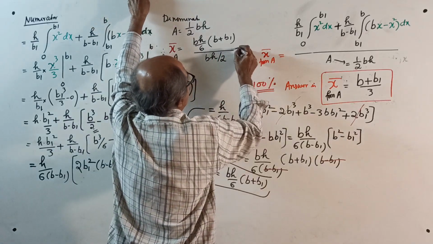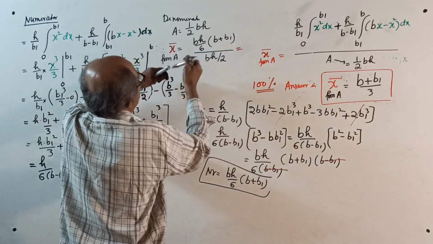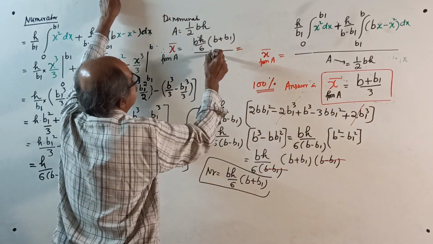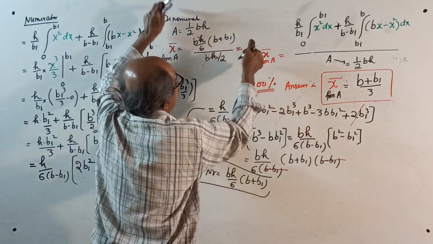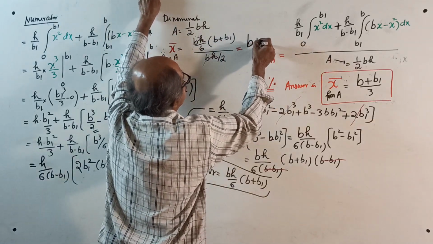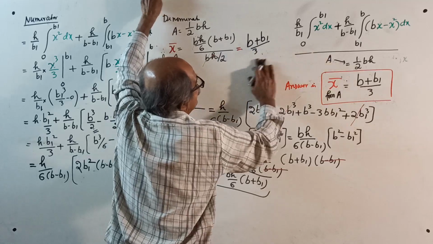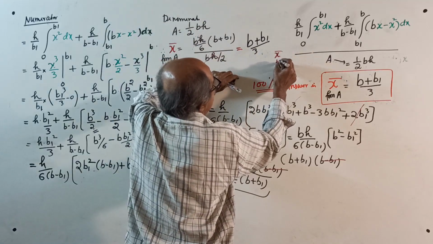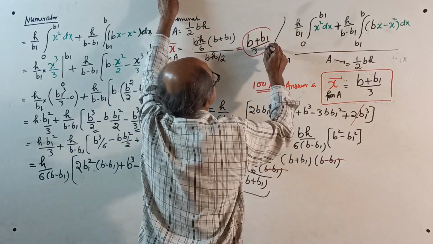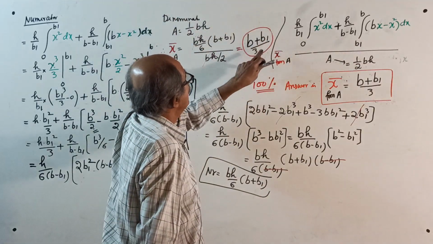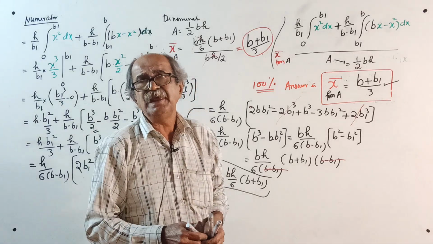So B cancels, H cancels, 2 goes to the numerator, 2 by 6 is 1 by 3, and the answer is (B plus B1) divided by 3. This is the answer for X bar we got: (B plus B1) by 3. I told you X bar will come (B plus B1) by 3.